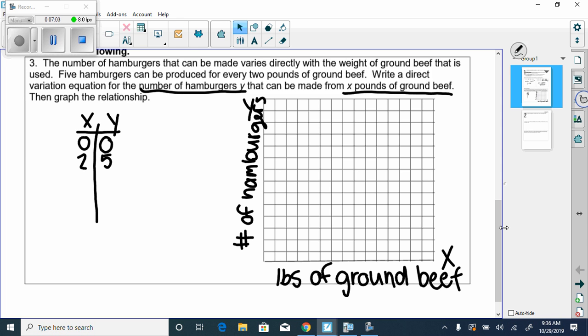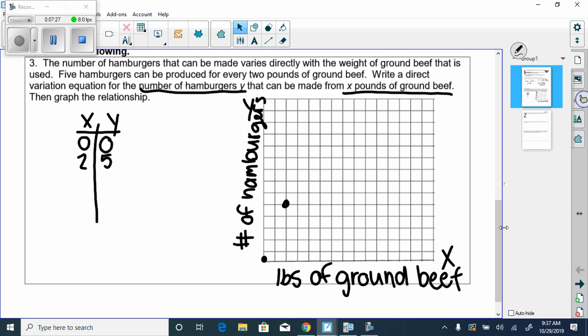So if I want to come up with an equation for this, we could just put these 2 values in, or we could plot these 2 points. So 0, 0. And then I go over 2, up 1, 2, 3, 4, 5.